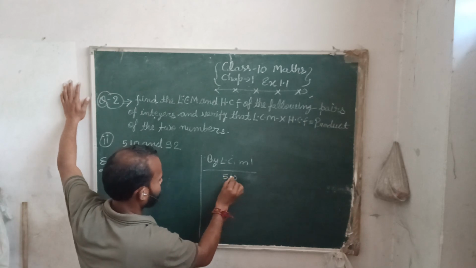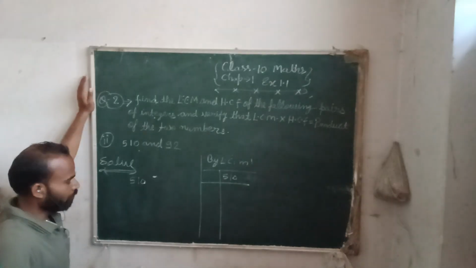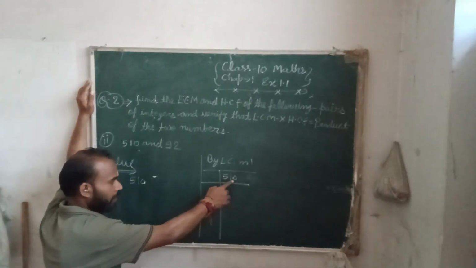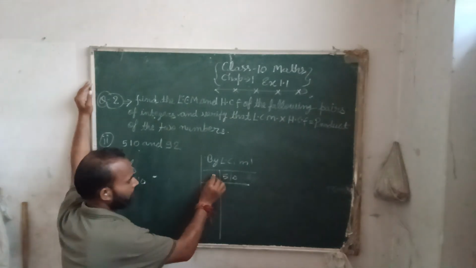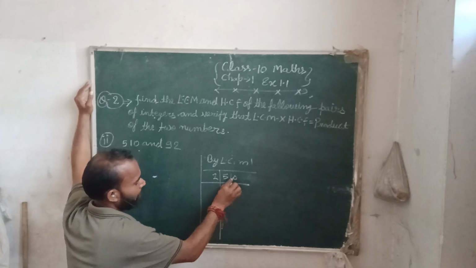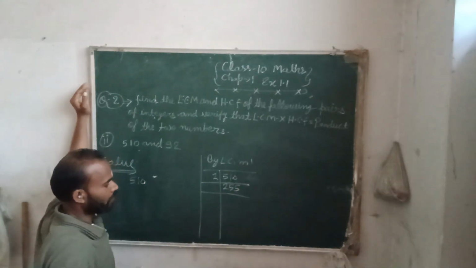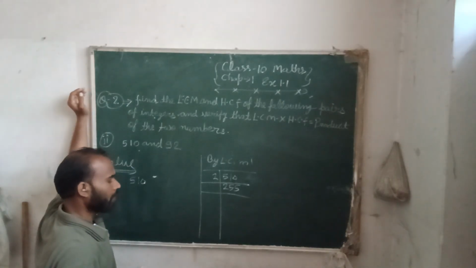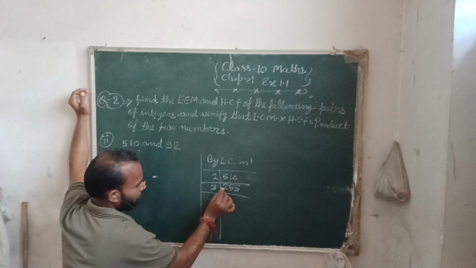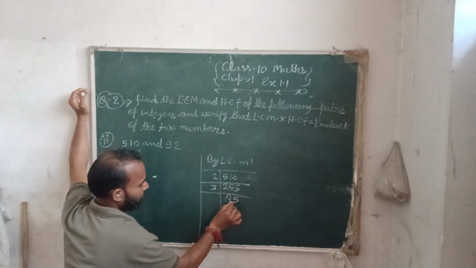The last digit is 0, so this number is divisible by 5 and 2. 2 twos are 4, remains 1, 1 and 1 is 11, 2 fives are 10, remains 1, 1 and 0 is 10, 2 fives are 10. The last digit is 5, so this is divisible by 3 and 5. Divisible by 3: 3 fives are 15.